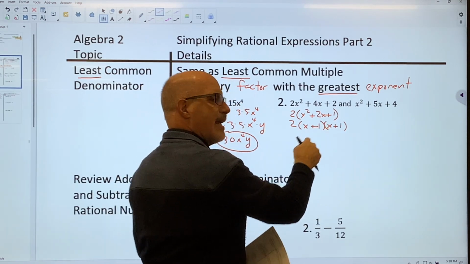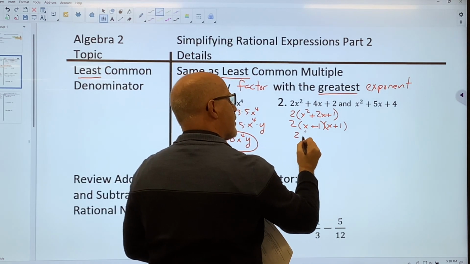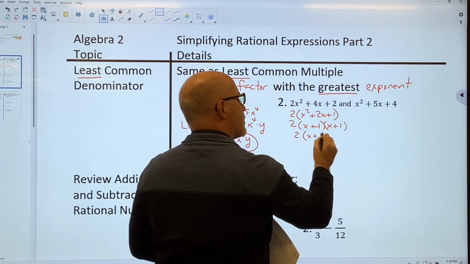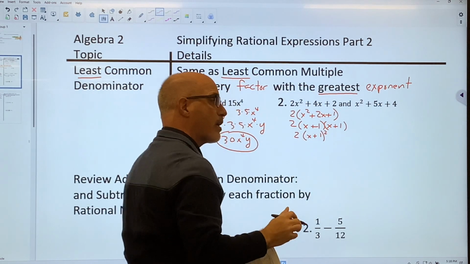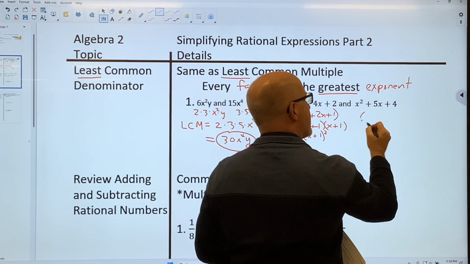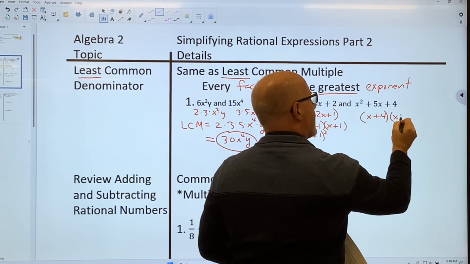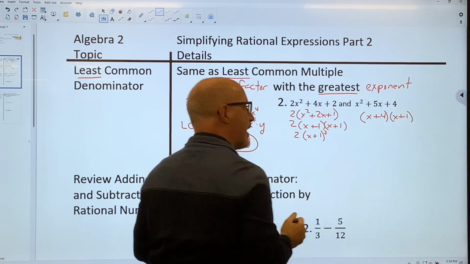Now when we have the same factor listed twice, we're going to list it in exponent form. That's x plus 1 to the 2nd power, because there's 2 factors of it. Now we go over here and factor this one. This can be x plus 4 and x plus 1, how this trinomial factors.